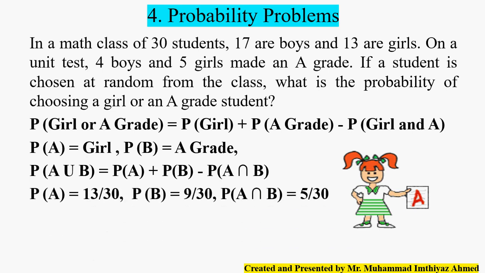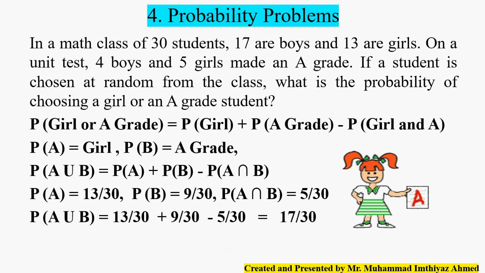Probability A is 13 by 30, that is total girl students. Probability B is A grade, total 9 students out of 30. Probability of girl students getting an A grade is 5. So by using this formula above, we are getting an answer 17 by 30.